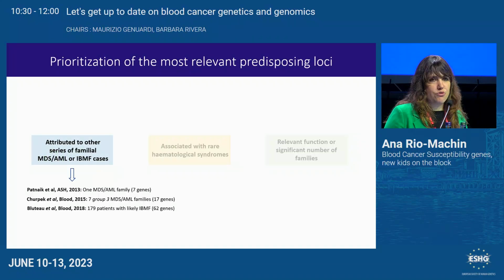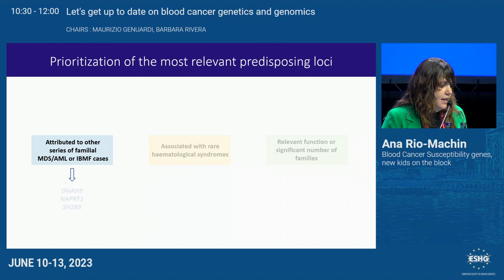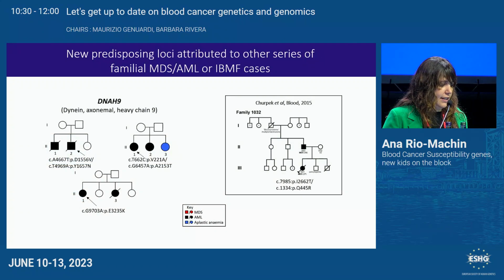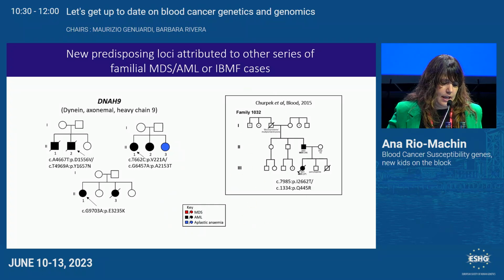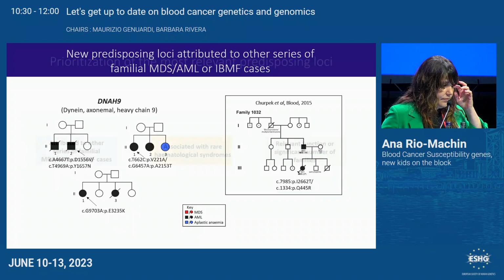So we cross-referenced our list with a previously published list of genes that could potentially be predisposing genes, and this allowed us to identify these 3 new genes. In particular, DNAH9 was very interesting because of the homogeneity of the clinical features in our families, but also because they fitted quite well with what Lucy Godley and Jane Churpek published in another pedigree.